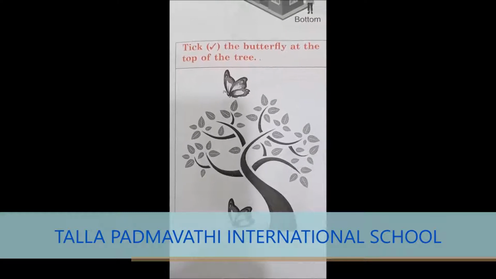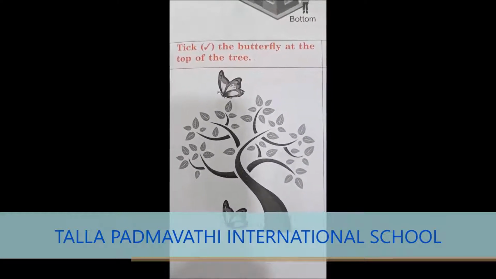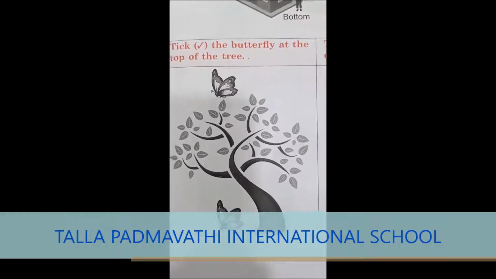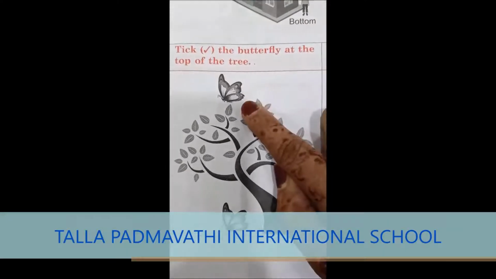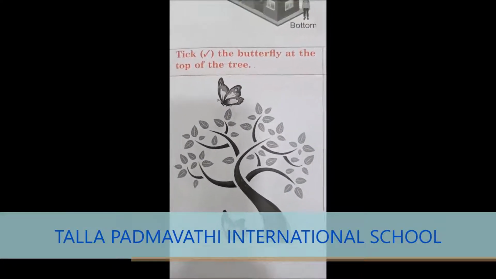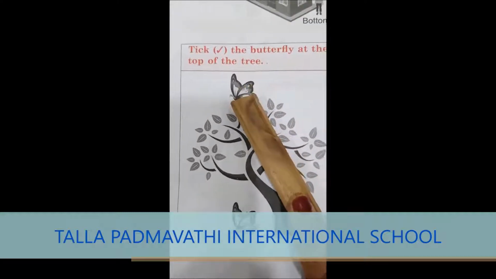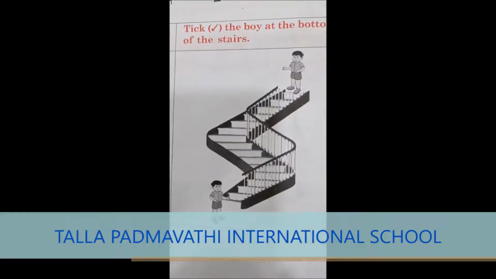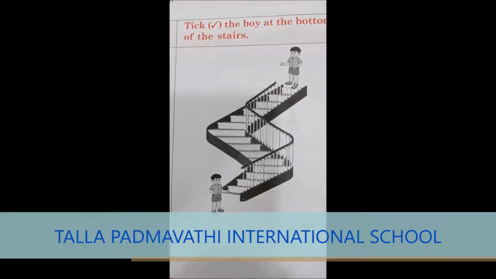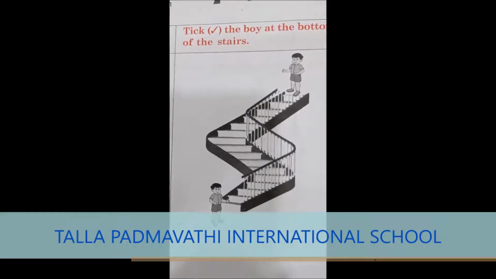Now look at the picture and tell me which butterfly is on the top of the tree. Is this one or this one? Yes, this butterfly is on the top of the tree. Now looking at the picture, can you tell me which boy is standing at the bottom of the stairs?